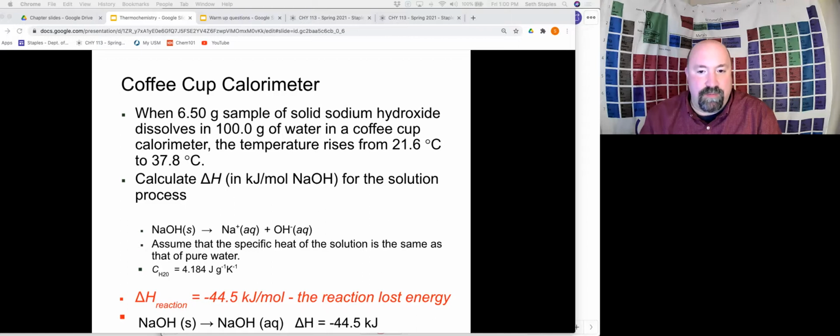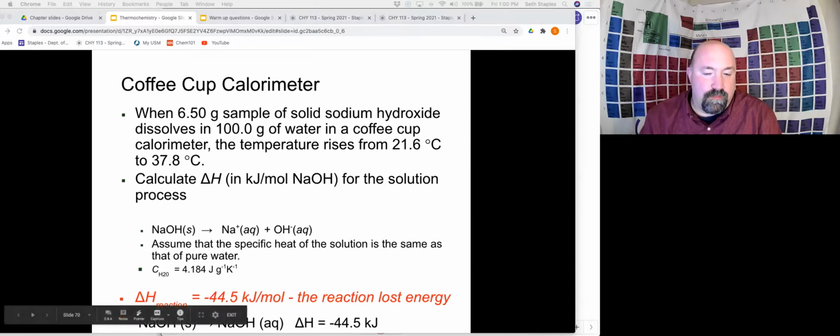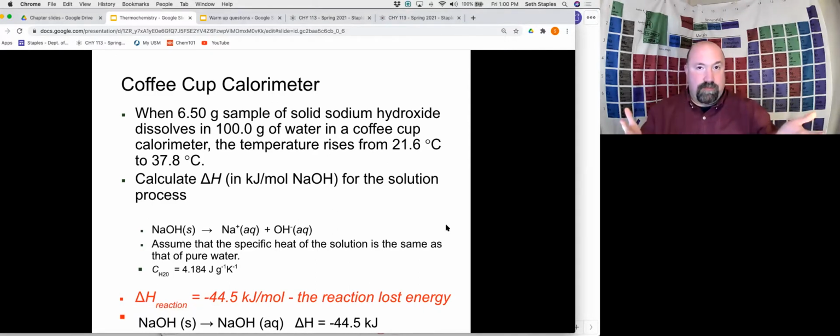And we have our enthalpy information: delta H equals negative 44.5 kilojoules, written out in terms of 1 mole. And so that works out for us. That's how we could go about finding this for any reaction. We could run any reaction in a coffee cup calorimeter and calculate the amount of energy change based upon the energy change of the water inside our calorimeter.